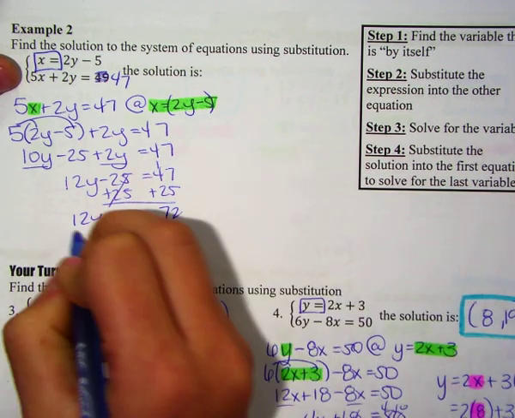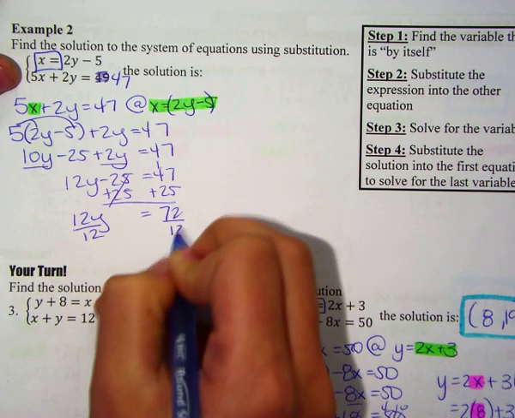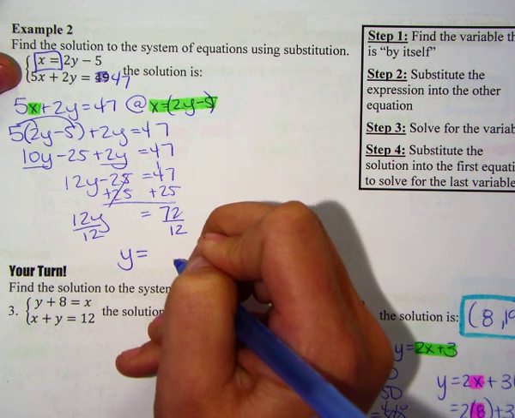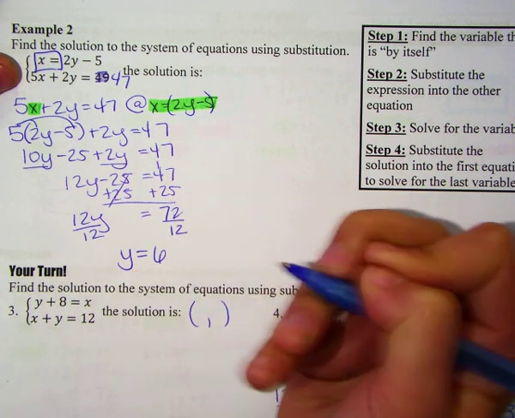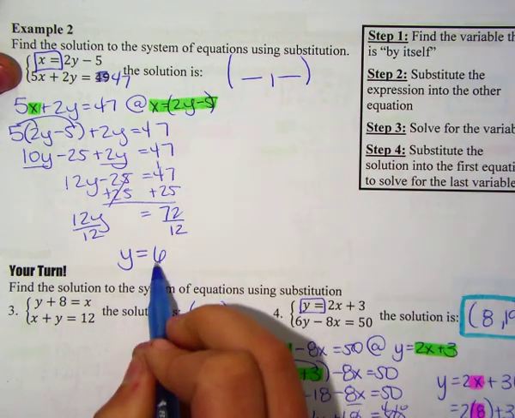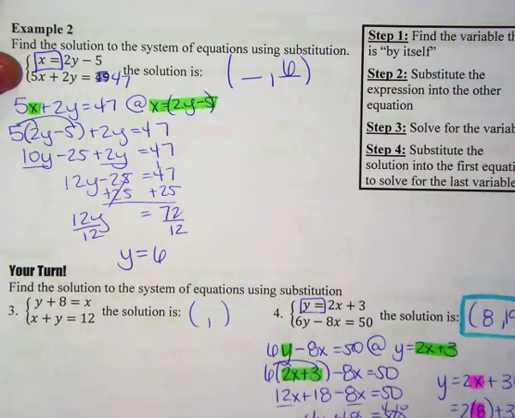And then dividing by 12 on both sides in order to isolate y. 72 divided by 12 is 6. Coming up here, I want to make sure I substitute in because I know that 6 is my y coordinate, so I'm going to put it in the y spot.